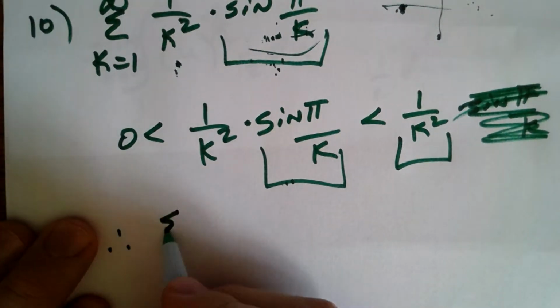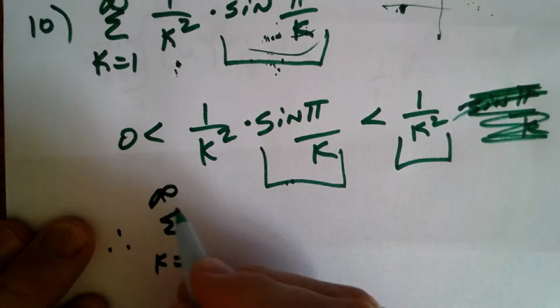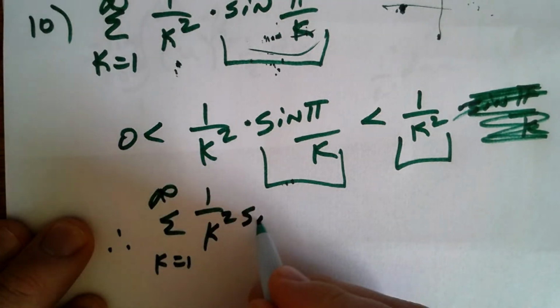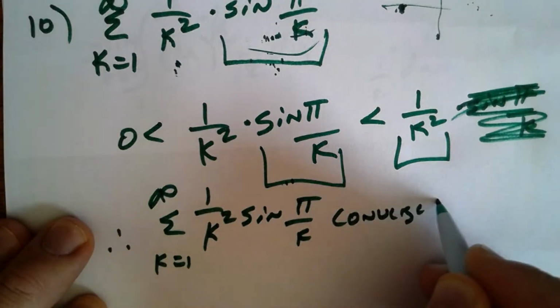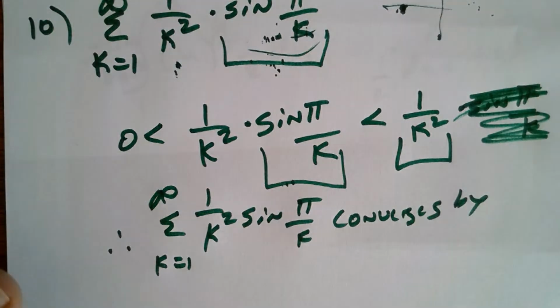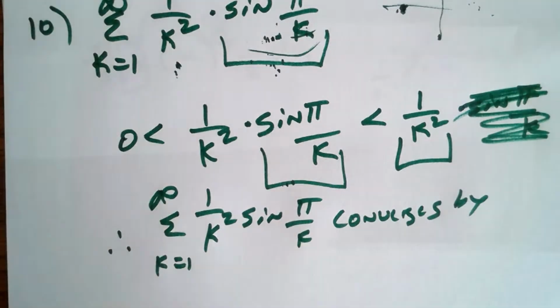So therefore, the sum from k equals 1 to infinity of 1 over k squared sine pi over k converges by the comparison test for convergence.